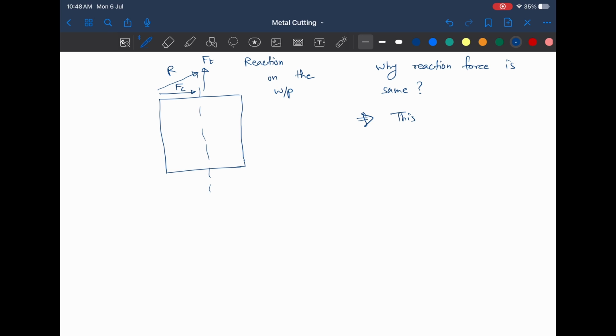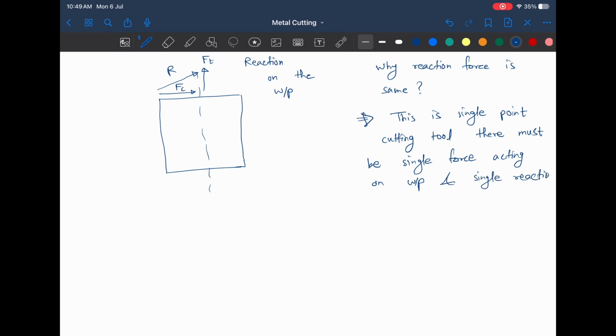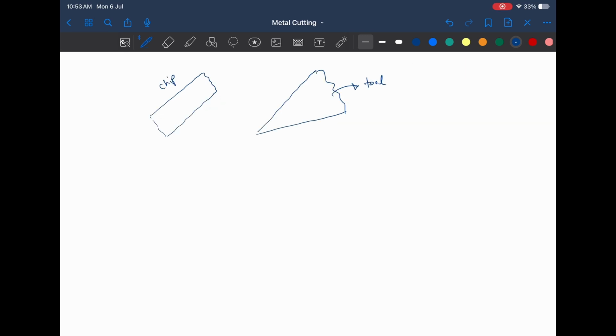Reaction on the workpiece. So we can say that the reaction forces are the same, because there is no acceleration of any part, either the chip, the workpiece, or this cutting tool.